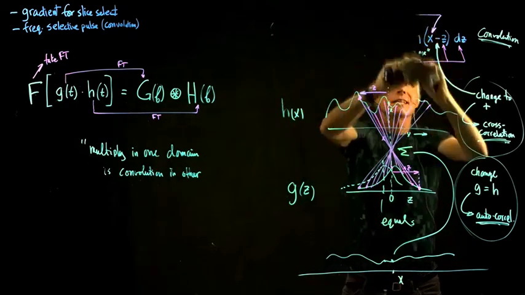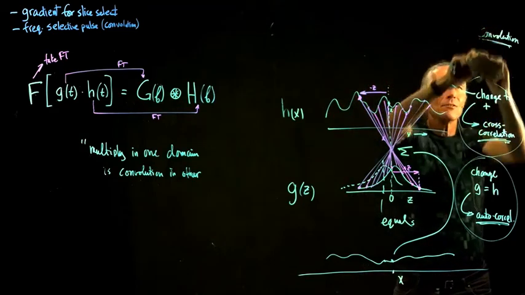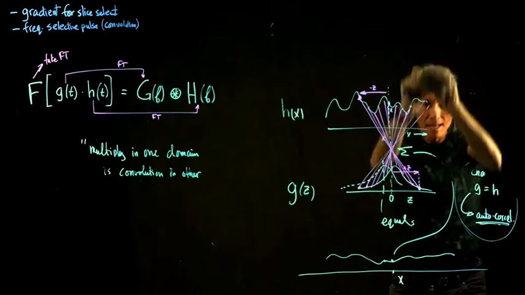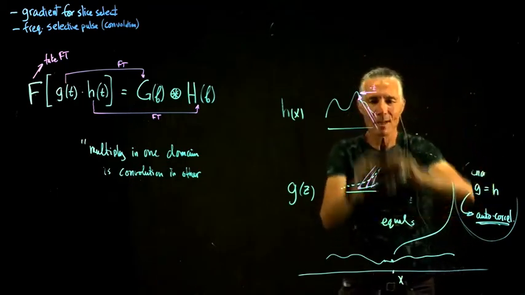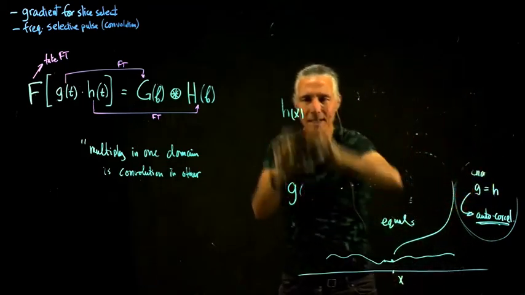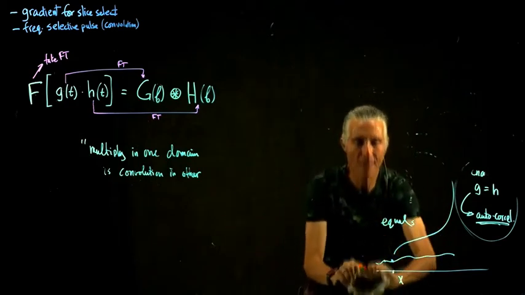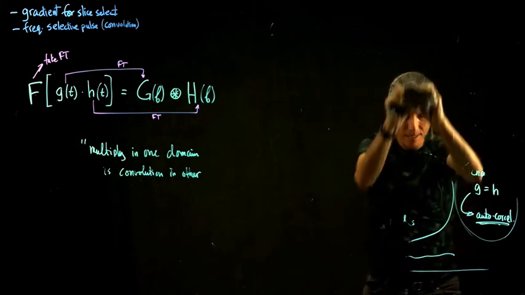So let's use it to figure out graphically why we get a sinc envelope. You get a sinc envelope with one frequency in it, and that corresponds to a band of frequencies.